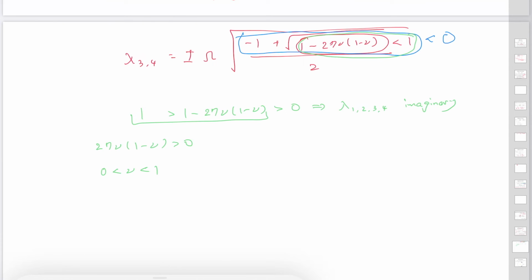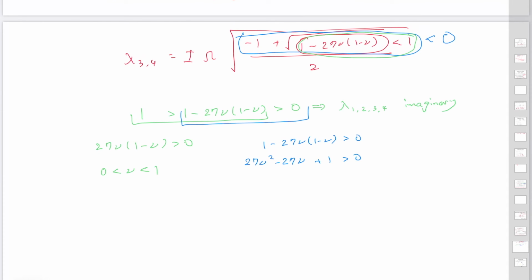And from this part, 1 minus 27 nu (1 minus nu) is larger than 0. So this is 27 nu squared minus 27 nu plus 1 positive.